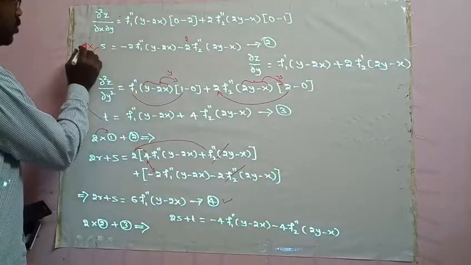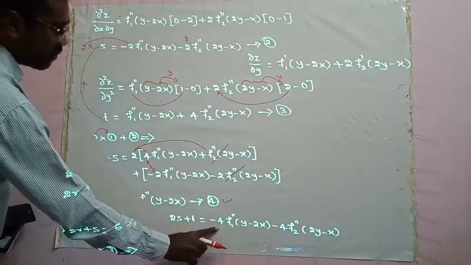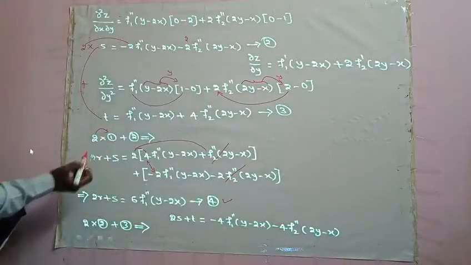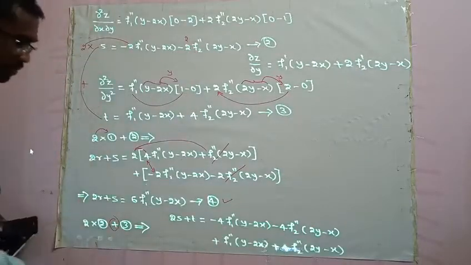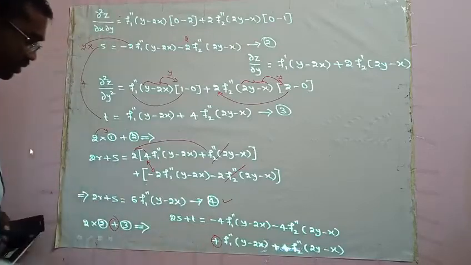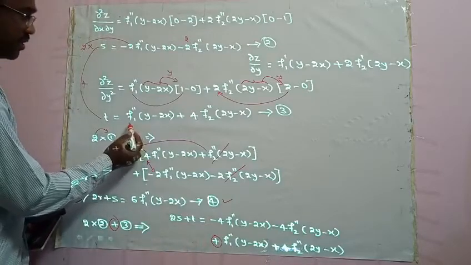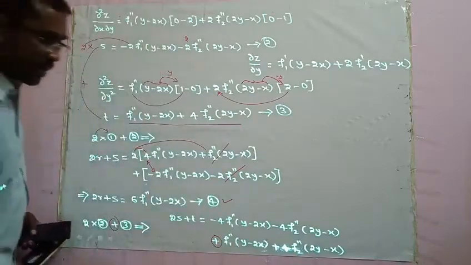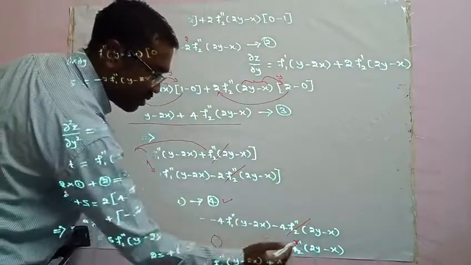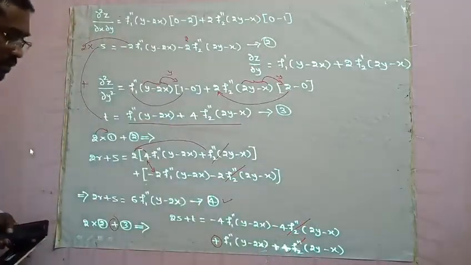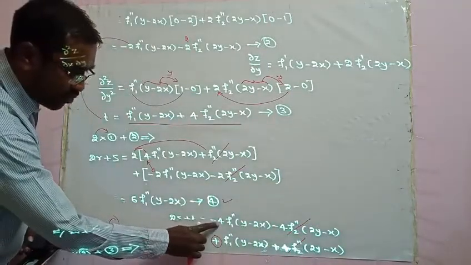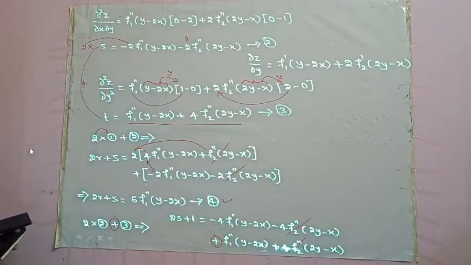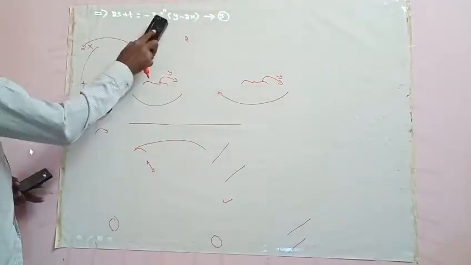If you multiply 2, 2 2s are 4, minus 2 2s are 4, then plus RHS of equation 3 we have written. Now what all terms will get cancelled? Minus 4 times this plus 4 times this will get cancelled, and it is minus 4 times plus 1 time will be minus 3 times. See, minus 3 times we have written.